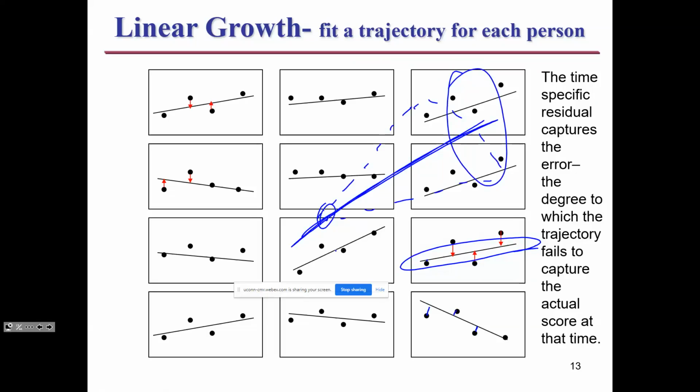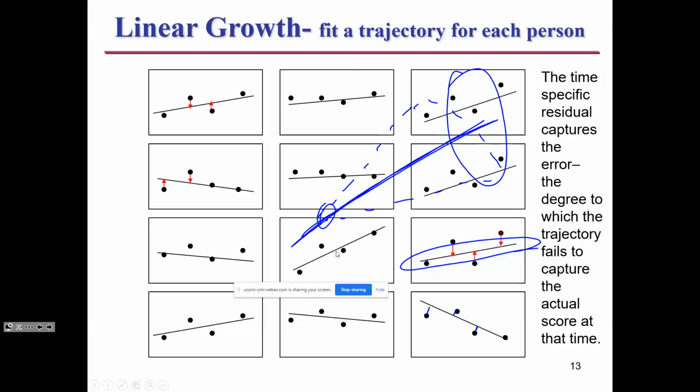Well, you could have the same kind of thing here, but now it's in the individual trajectories. It could be the case that there's more measurement error, you're doing a worse job predicting people's scores as you go across time, which would be the same idea as heteroskedasticity, right? So we can model that really easily.